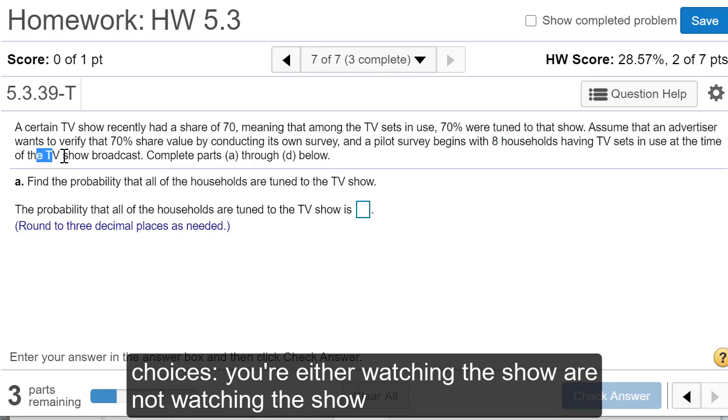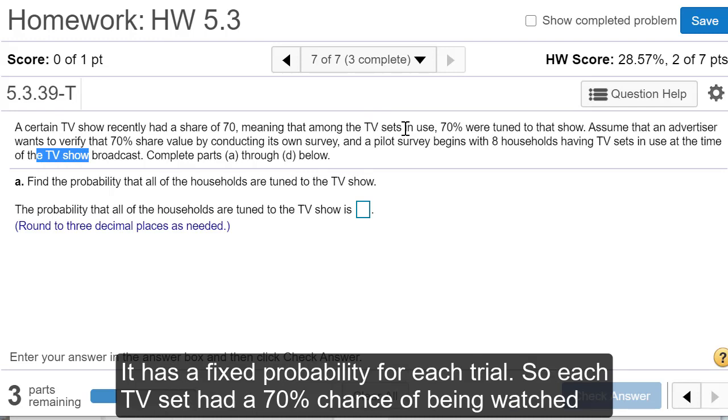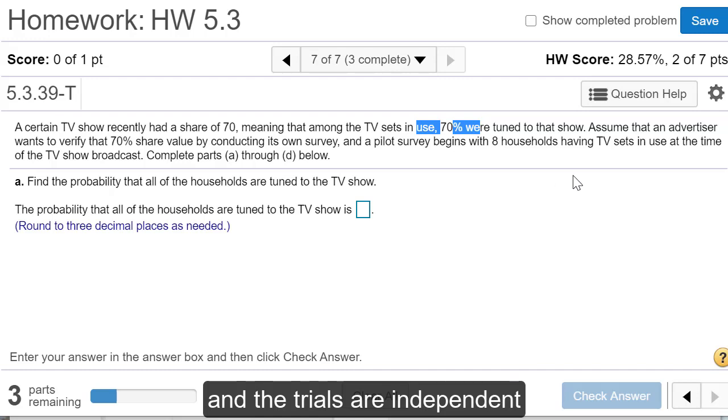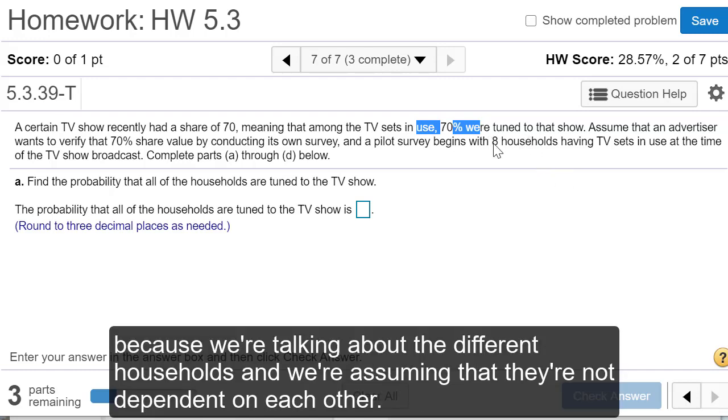You're either watching the show or not watching the show. It has a fixed probability for each trial, so each TV set had a 70% chance of being watched, and the trials are independent because we're talking about different households and we're assuming that they're not dependent on each other.